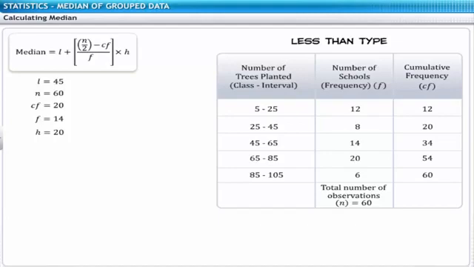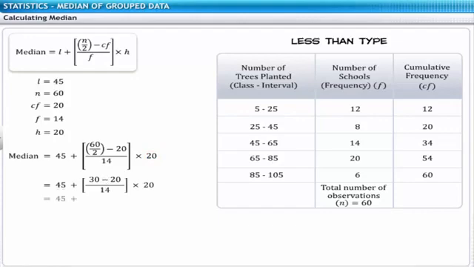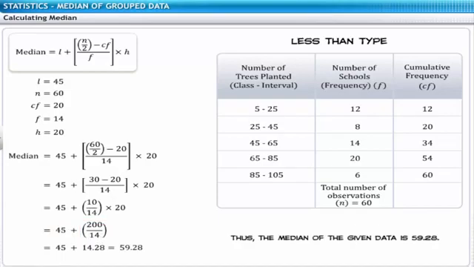Putting in the values of different terms and calculating, we get the median of the given data as 59.28.